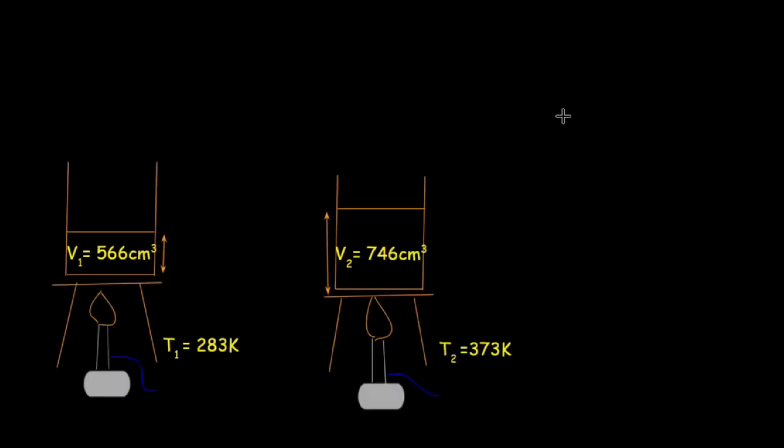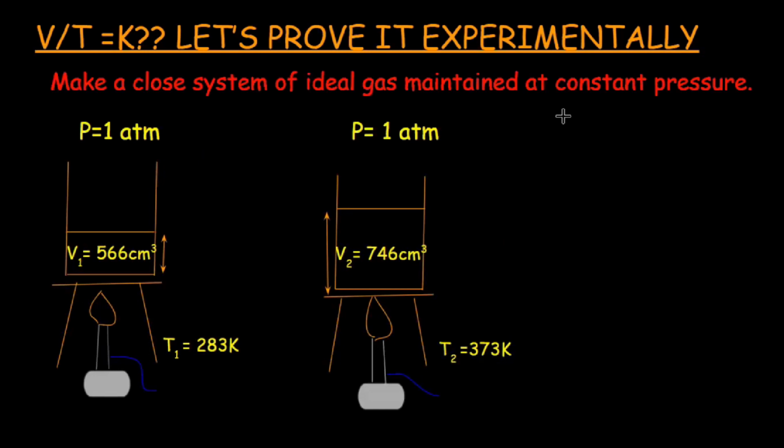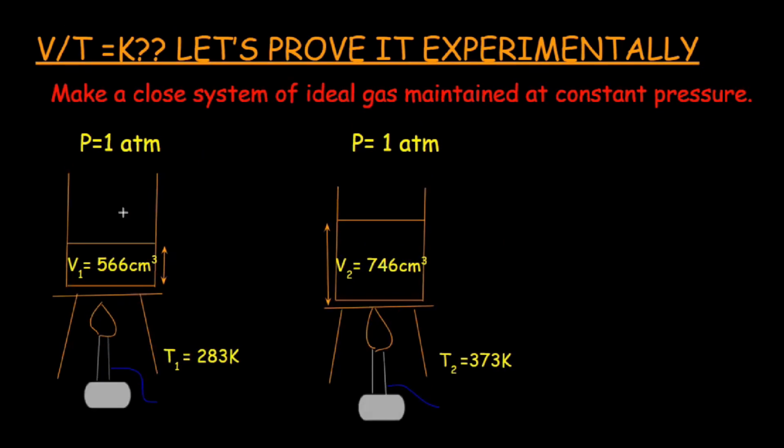In the previous lecture, we discussed an example of V by T is equal to K. Suppose the initial volume was 566 centimeter cube and temperature was 283 Kelvin and final volume was 746 centimeter cube and temperature was 373 Kelvin.